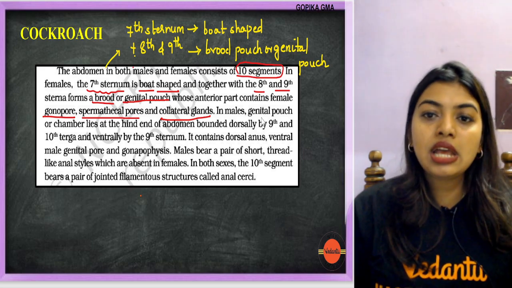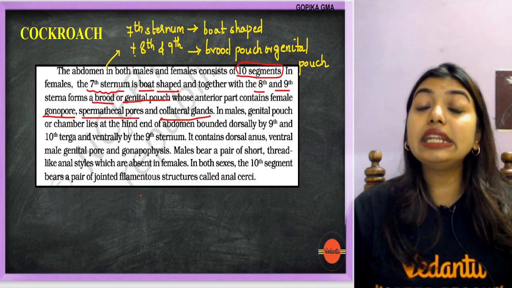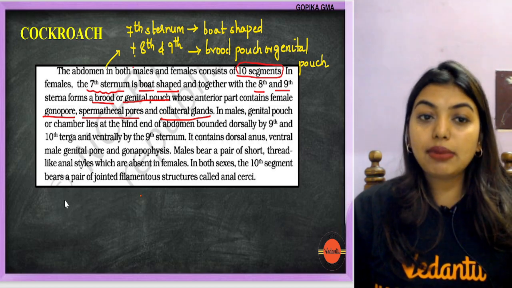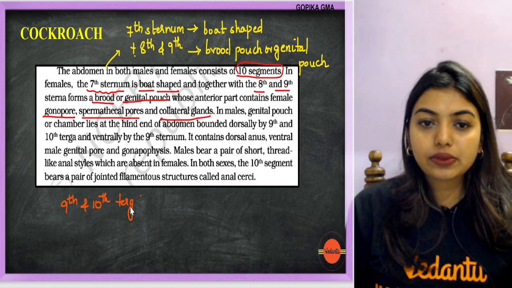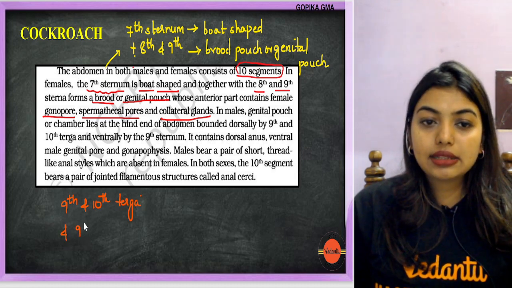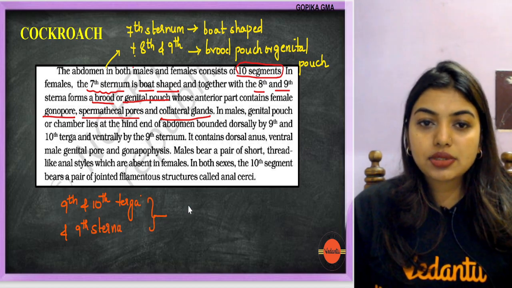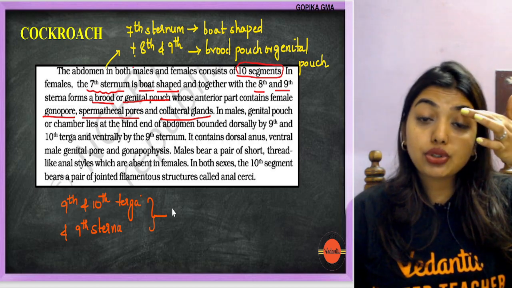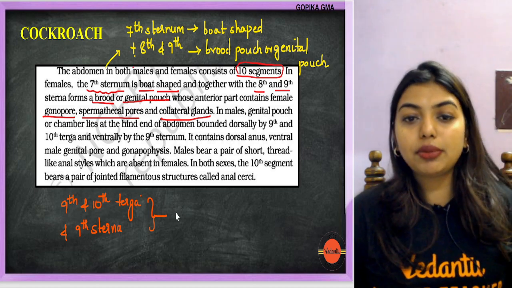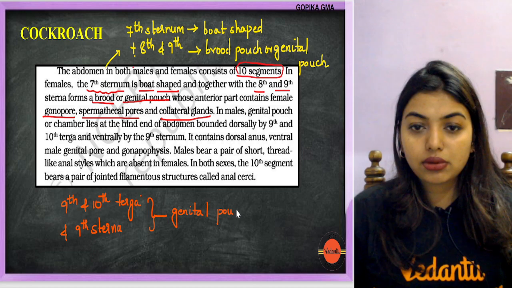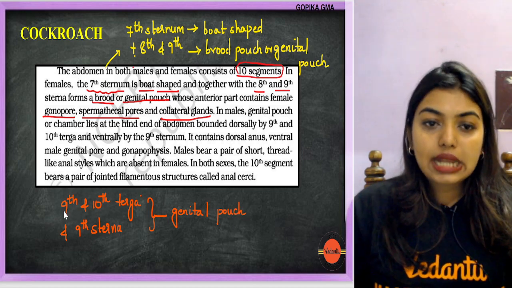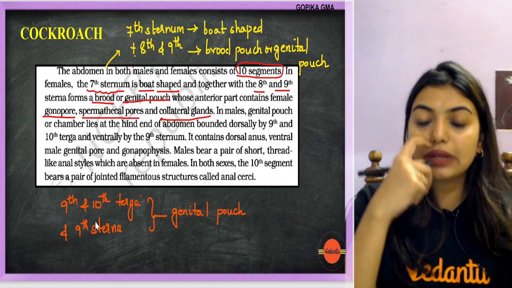Now in males, look here, the genital pouch or chamber lies at the hind end of the abdomen, bounded dorsally by the 9th and 10th terga and ventrally by the 9th sternum. So the 9th and 10th terga and the 9th sterna together form the genital pouch.